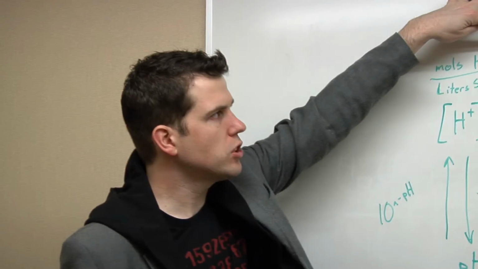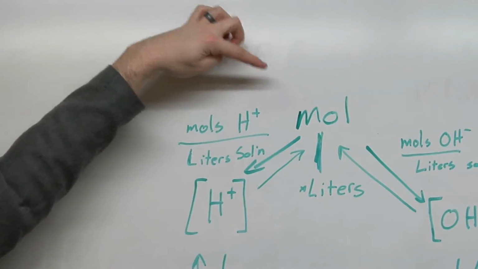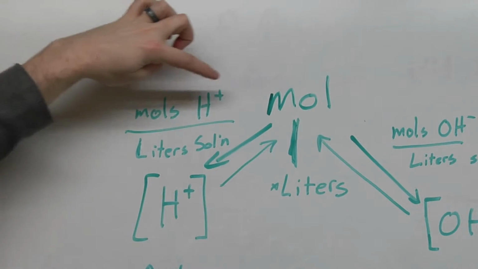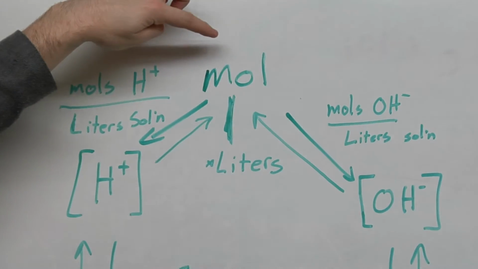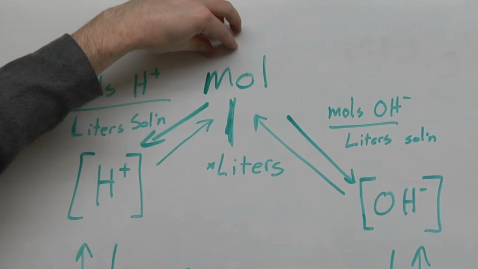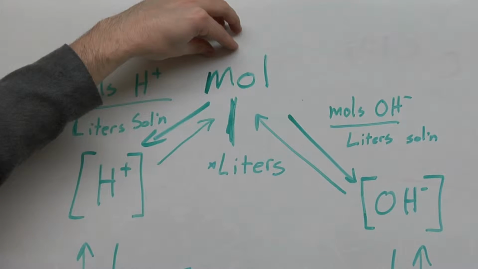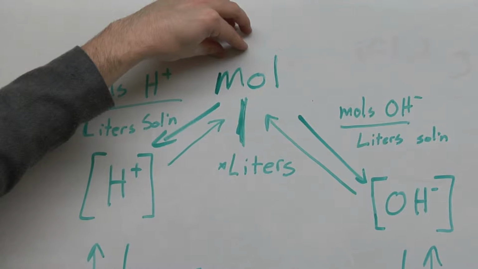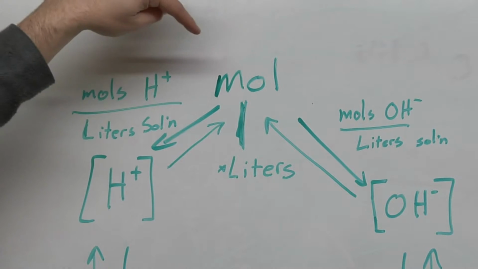So if we start up here at moles, this is after you've already gone to moles of hydrogen if you're going toward the left, or moles of hydroxide if you're going toward the right. But either way, you have to start with moles. And then we're going to work our way toward finding either the pH or something very closely related called the pOH.